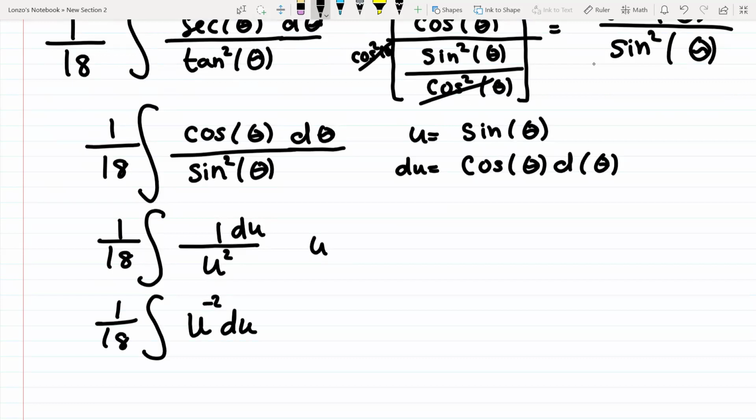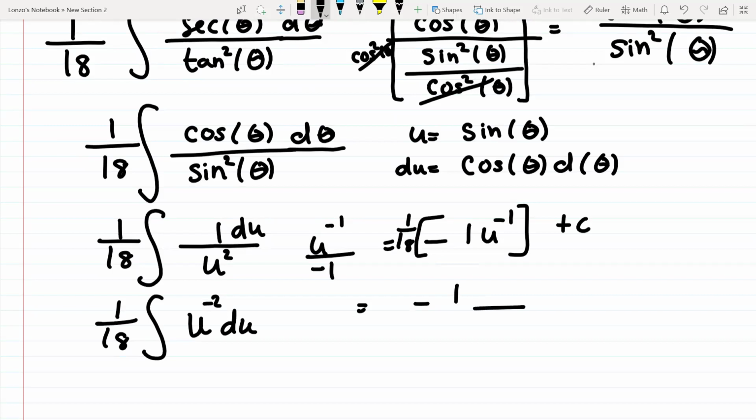Negative 2 plus 1 is negative 1, divided by negative 1, so it would be negative u to the negative 1, times 1 over 18, plus c. So this simplifies as negative 1 over 18 u plus c.